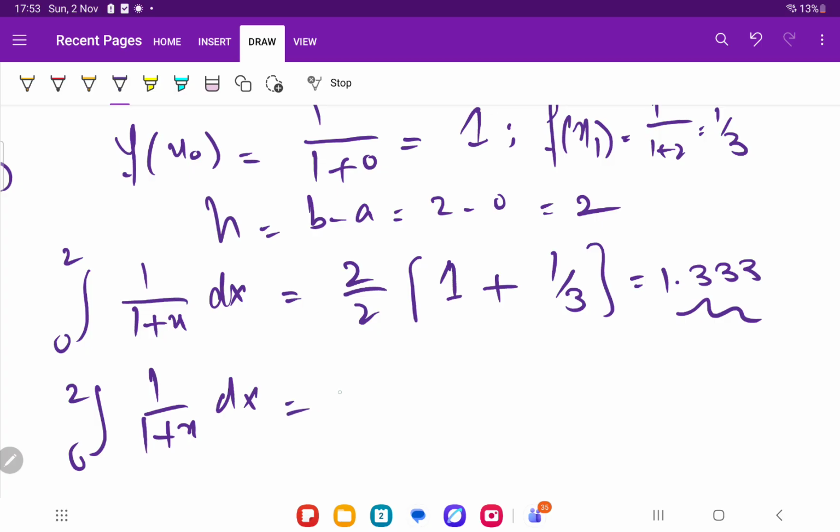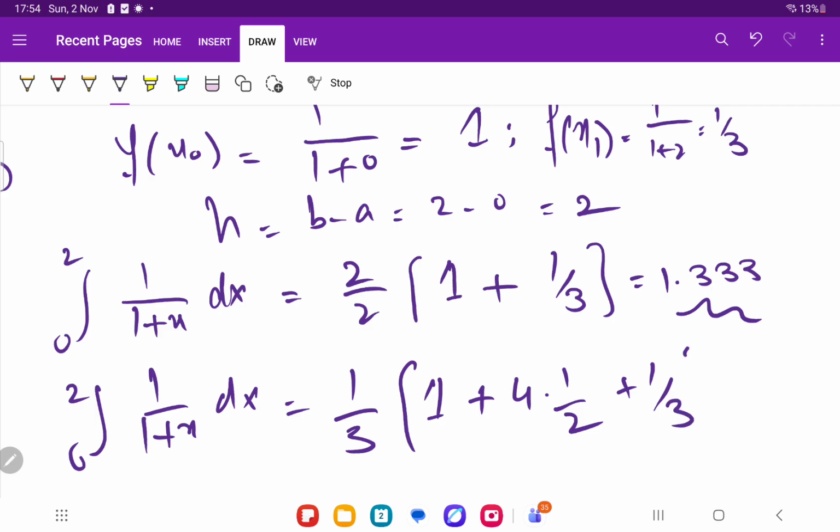h by 3, h is what? b minus a by 2, which is 1. So 1 by 3, and f of x naught is 1, 4 into f of x1. So f of x1 is 1 by 2, and 1 by 3, isn't it?